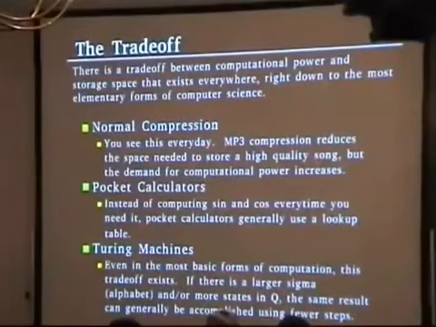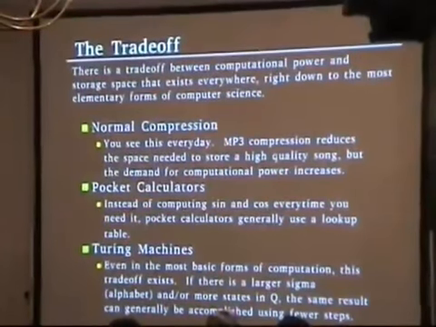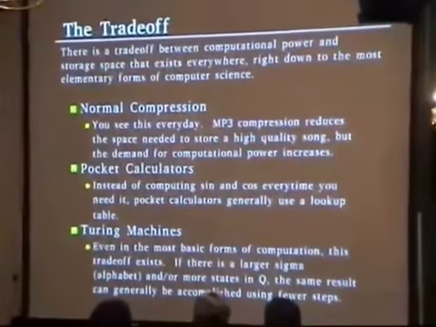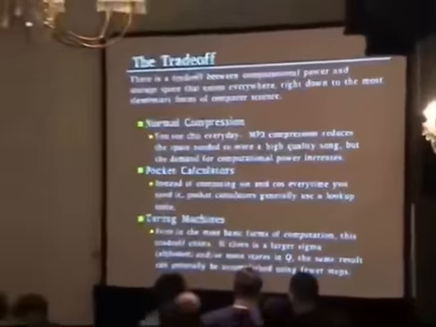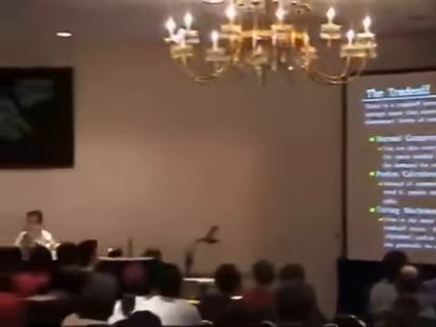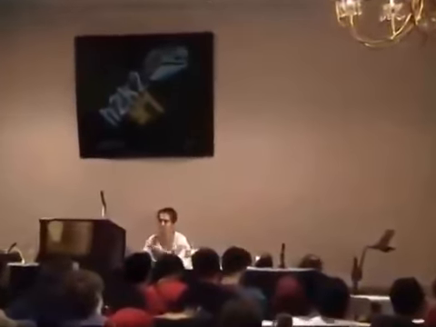There's a trade-off between computational power and storage space, and it really exists everywhere. I sort of came up with this idea while I was rebelliously trying to solve the Hamiltonian cycle problem in deterministic polynomial time, which is a class of problem called NP-complete, and it's really hard. You're not supposed to be able to do it that fast.